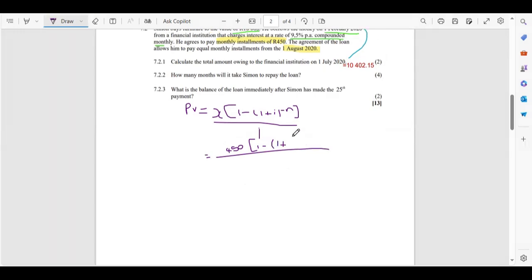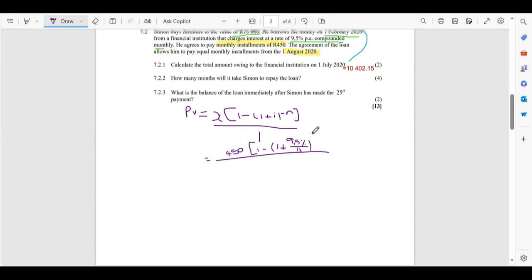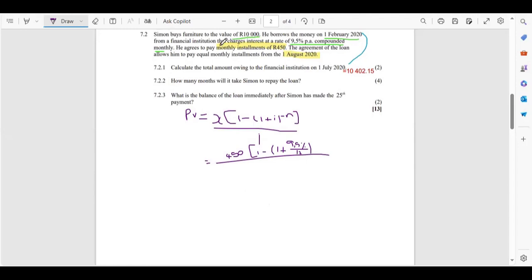Now my interest is 9.5%, but this 9.5% is compounded monthly, and so I'm going to divide it by 12, all to the power of minus n. Now in this case, n represents the number of payments. Now n should be equal to 18, as per the agreement of the loan. Now all to the power of minus n, which is my unknown variable. And my interest is the same here. It's 9.5%.